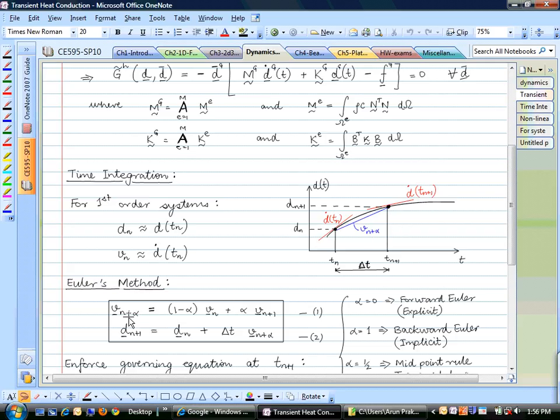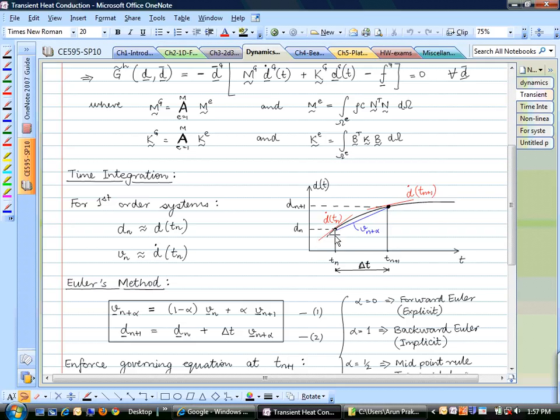V n plus alpha is a linear combination, 1 minus alpha times Vn and alpha times V n plus 1. So this is Vn, this is V n plus 1. This is the first equation that Euler's method states. And the second equation says basically that you can find dn plus 1, that is the state at n plus 1, by taking dn right here plus delta t times the slope.